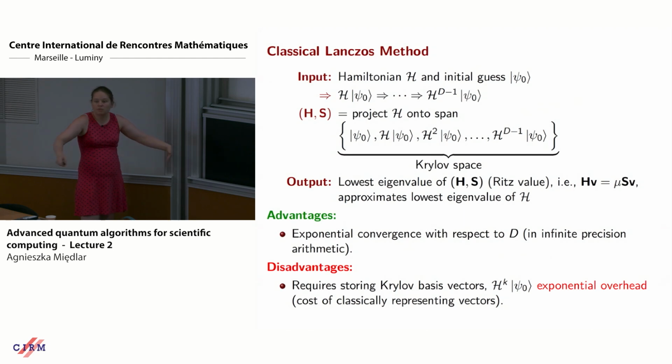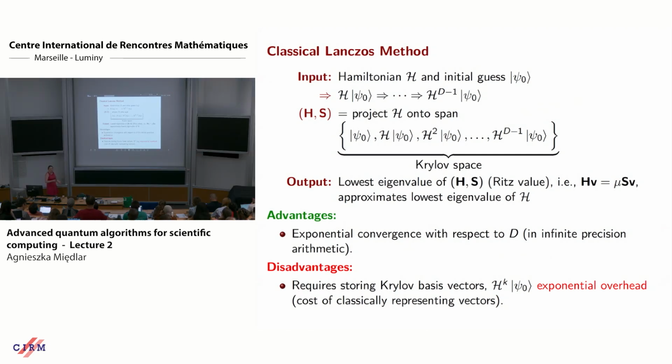The larger the space, of course, the more accurate, but the larger the space, the more we have to pay. But with respect to D, since it's exponential convergence, a reasonable size D is enough. The disadvantage: if I apply this procedure straightforwardly, I will run into the problem that storing these vectors is already, and that relates a little bit to the question, we cannot store those vectors.